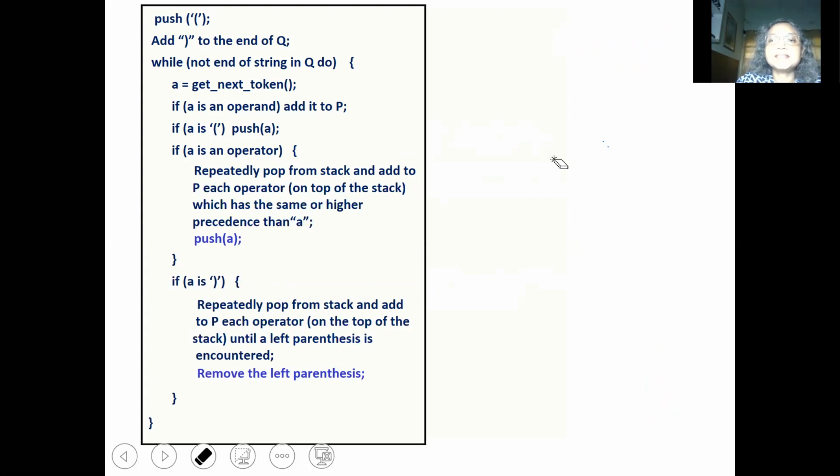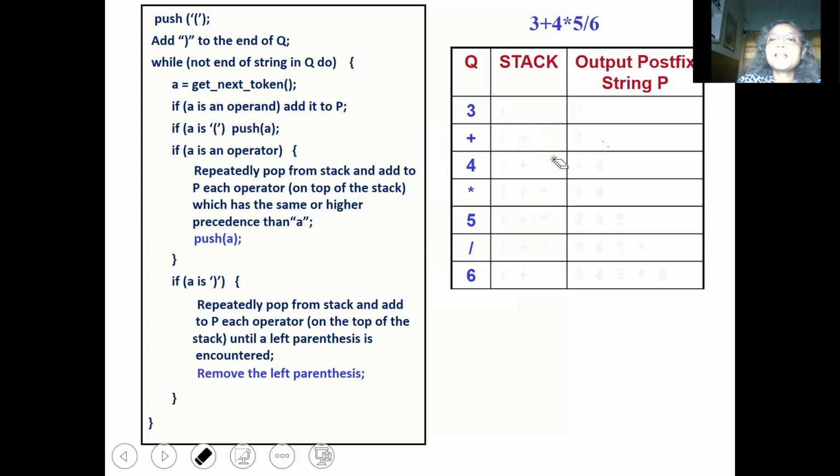And you can verify this. Okay. So you can work on it systematically. So this is the string Q. You should also add another character corresponding to the right parenthesis. So as you go through this, you can show what is the stack and what is the output. Initially you put a left parenthesis in the stack, and when you get 3, the output is 3.